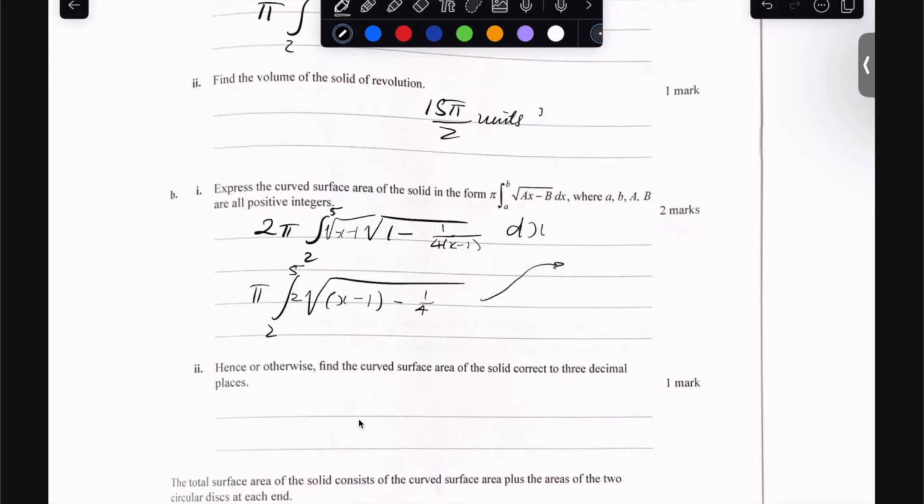So that's pi times the integral from 2 to 5 of the square root of 4x minus 4 minus 1, so 4x minus 5. Now I'm just going to confirm that on the CAS because that was just a lot of algebra in my head, and don't forget your dx's.